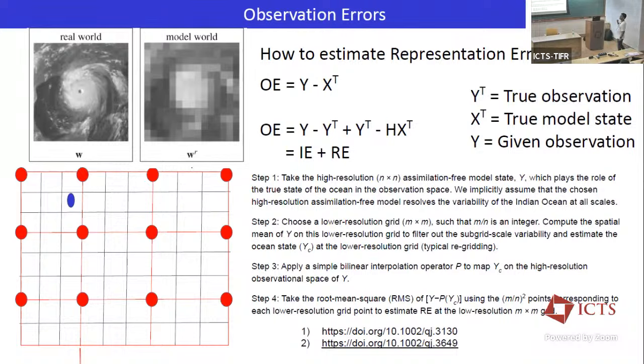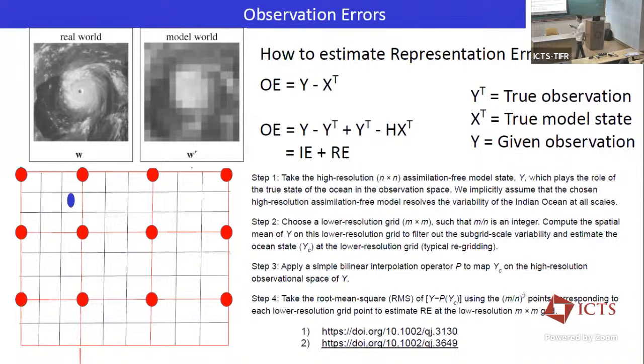So what we did here is, suppose I have a high resolution model. We will assume that this high resolution model represents the truth. This is an assumption. From lack of better estimates, we'll assume that this high resolution model is reflecting the truth. Then we will construct a low resolution model.